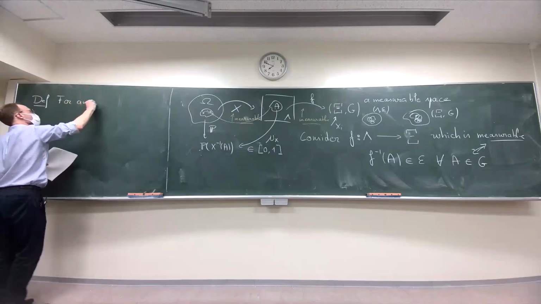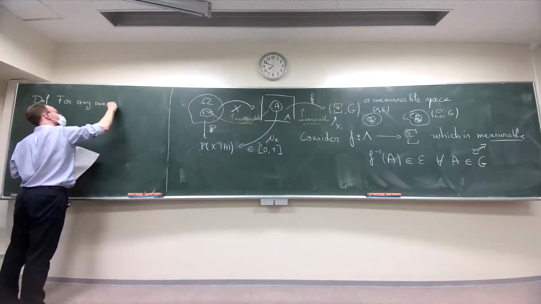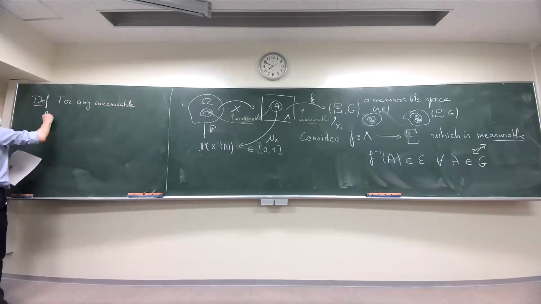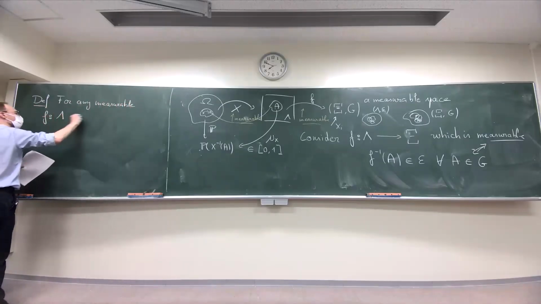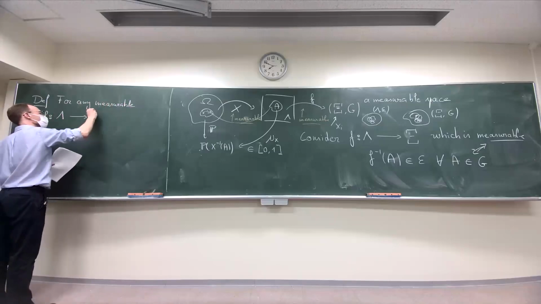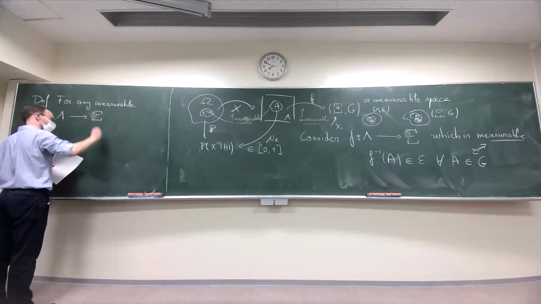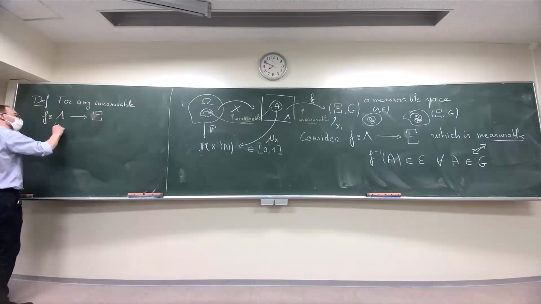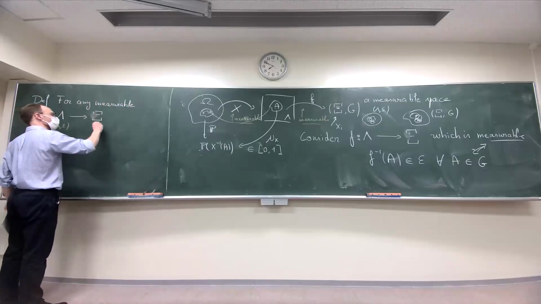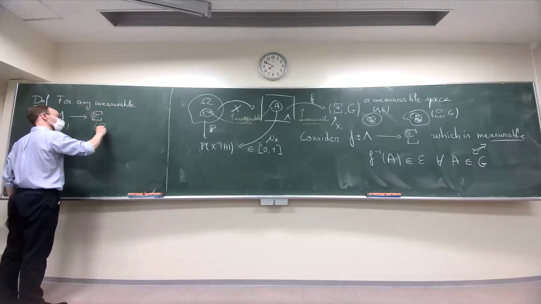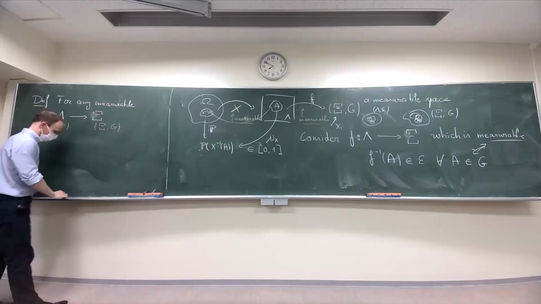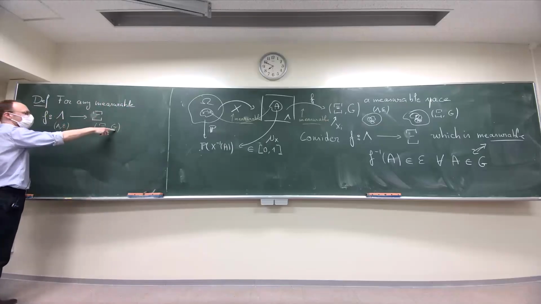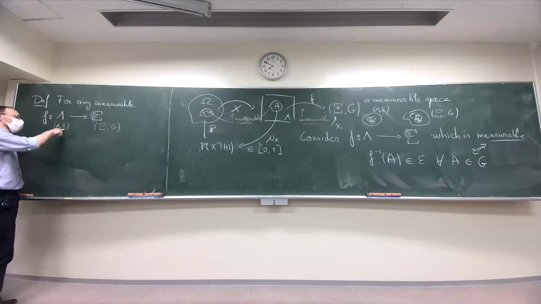Any measurable f from this space lambda to Xi, where this one is part of a measurable space like this, and this one is part of a measurable space like this. Measurable means if you take any set in this family, it's a set in this family.